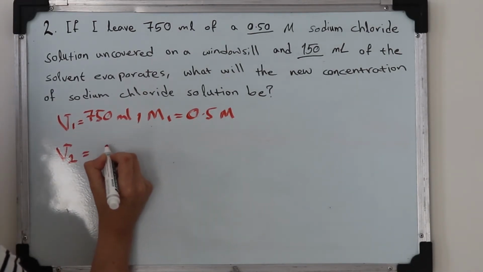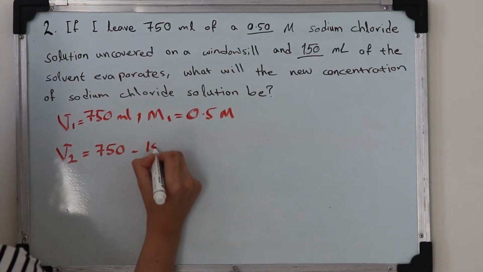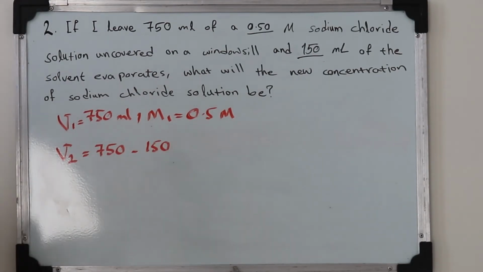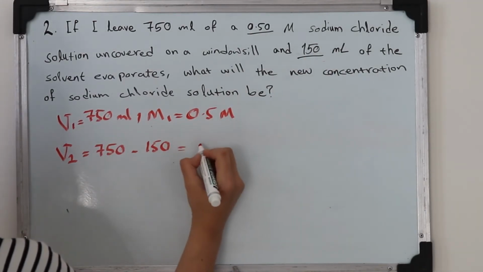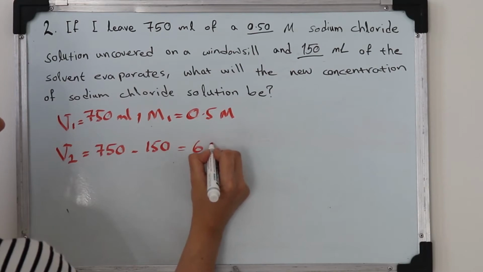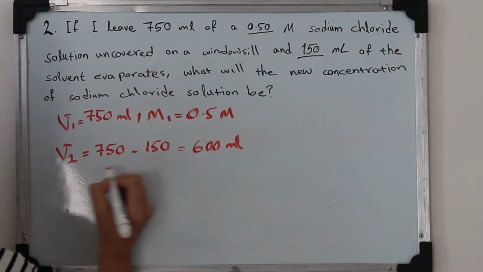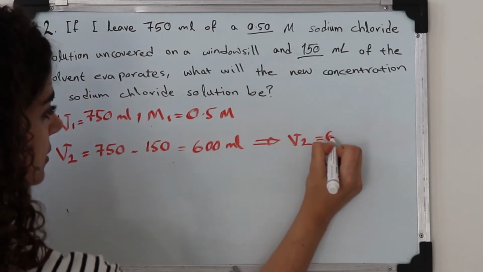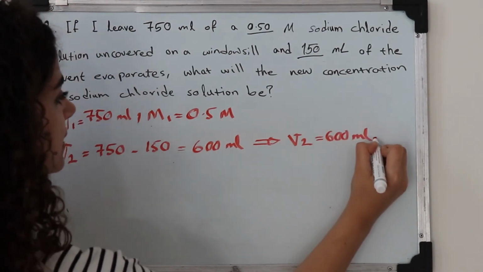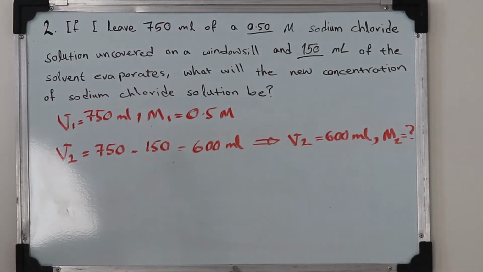V2 is equal to 750 milliliter minus 150 milliliter that was evaporated, so we have 600 milliliter. So our V2 is 600 milliliter and we don't have our M2.